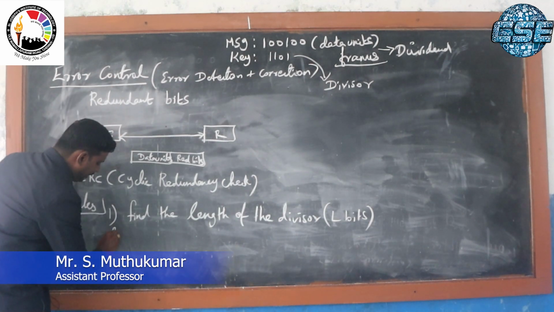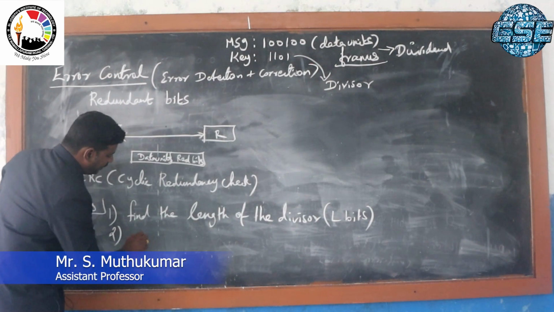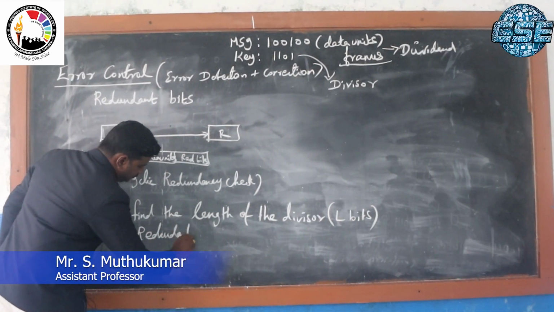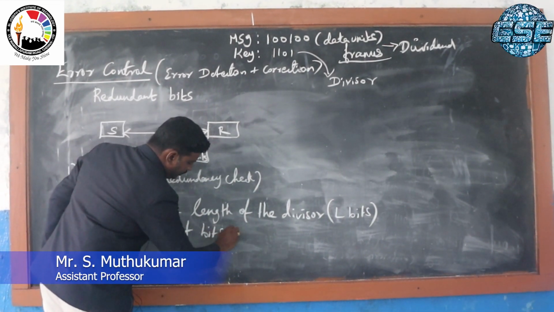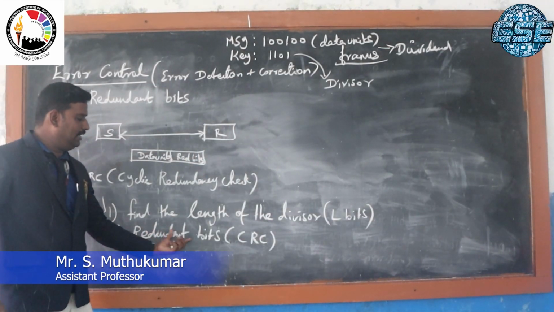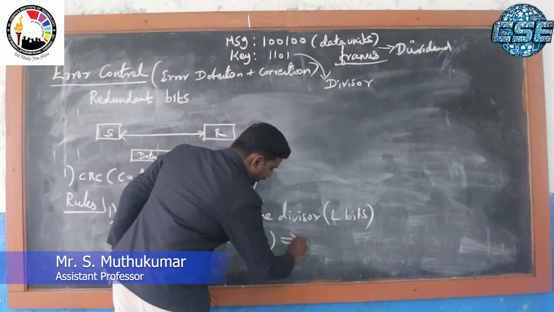Then we have to find the number of redundant bits. That is the CRC. The CRC is the final result, that is the remainder value.